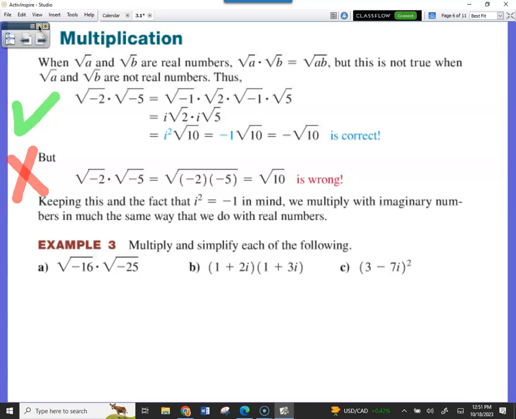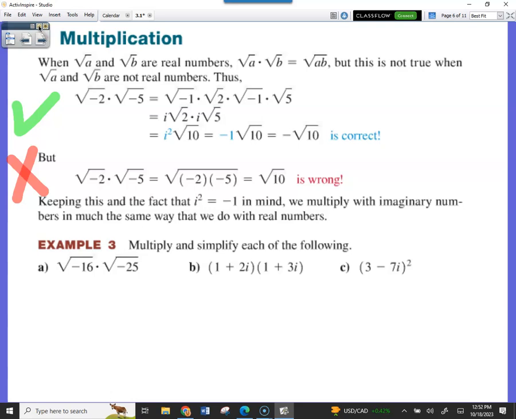Let's direct your attention to the red X. This example is incorrect, and if you look at it, you're probably going to argue with me and say, no, that makes sense, that it should be right. This is root -2 times root -5. We've learned you can multiply radicals together freely. They don't have to be like terms.